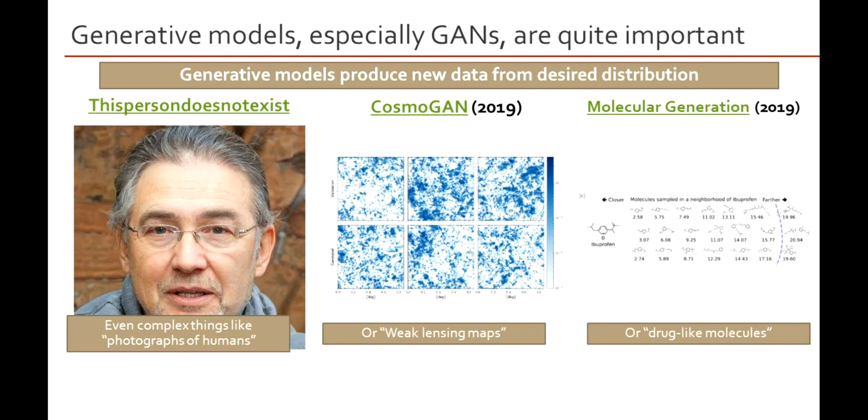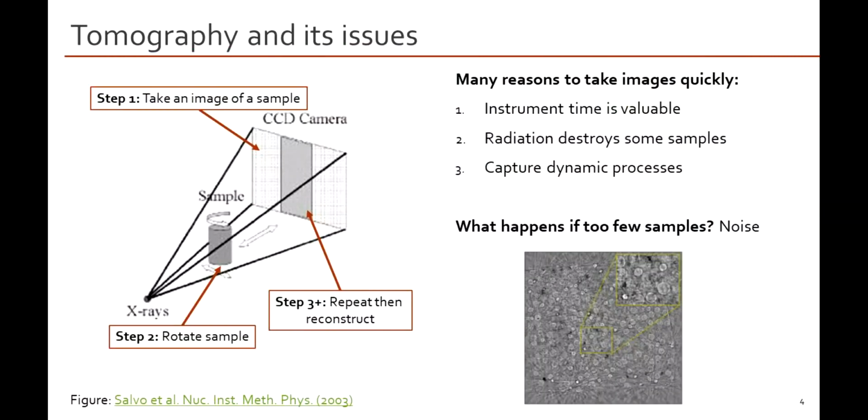And the technique that we're going to talk about for using these generative models are techniques for helping denoise tomography images. So tomography is a technique you've probably heard about being used in science.